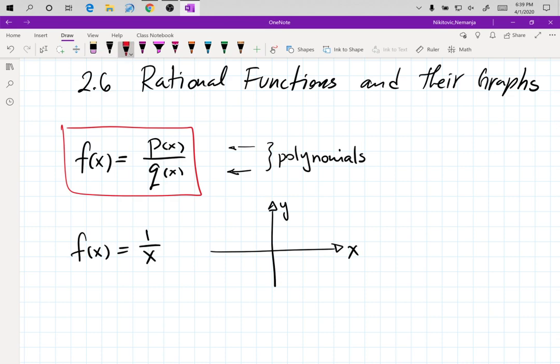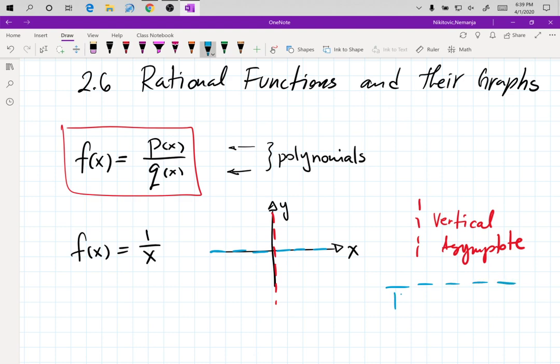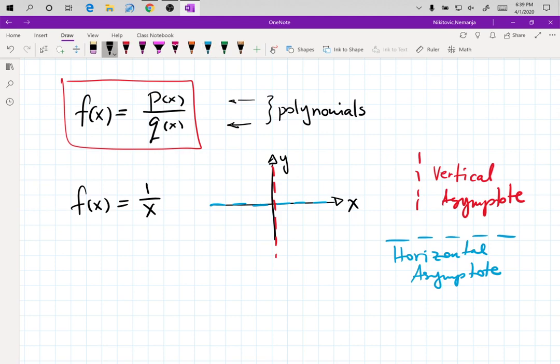We see a vertical asymptote. We also see the blue horizontal asymptote. We know that the graph is supposed to follow those asymptotes.